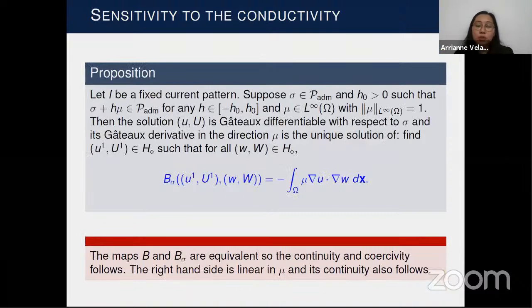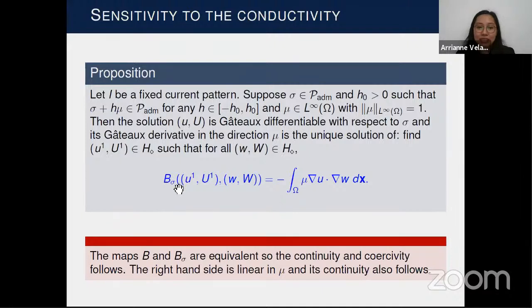So this proposition states that the solution of the forward CM problem is Gateau differentiable with respect to the conductivity sigma, and the Gateau derivative is the unique solution of this variational problem. So we just need to prove the existence and uniqueness of the solution of this variational problem, where we will again use the Lax-Milgram lemma.